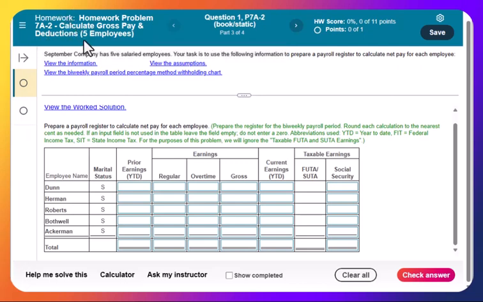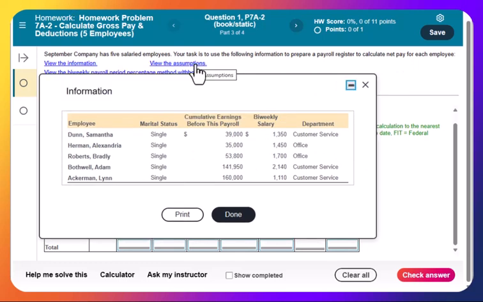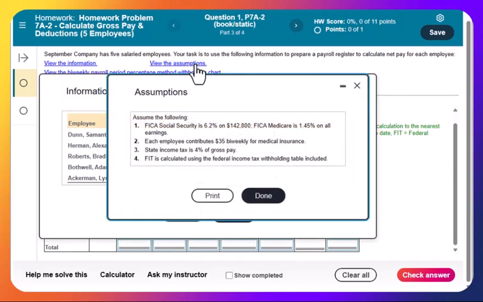So we have some information here. In this data table, we have names, marital status, and then cumulative earnings before this payroll, the biweekly salaries, and the department. And back here we have the assumptions.